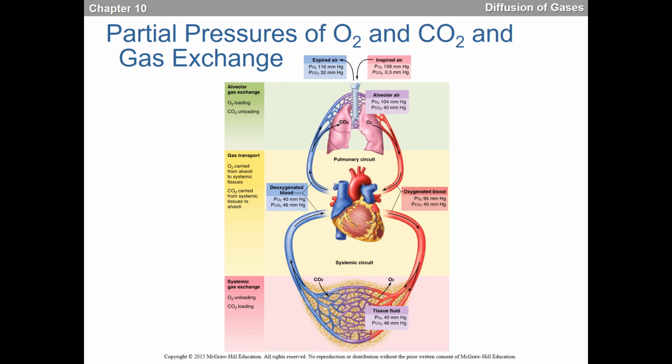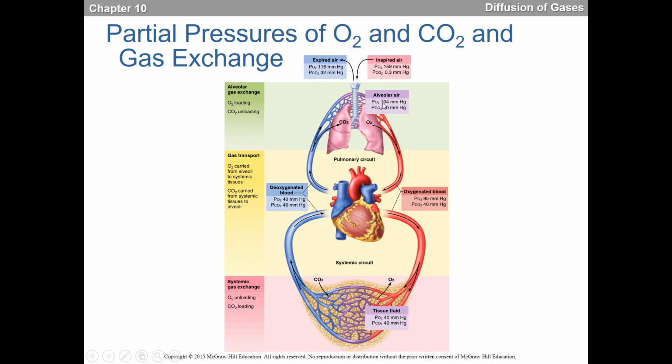So if we're looking at this in this way, let's pay attention to the two main gases that we're interested in, and that being oxygen and CO2. Oxygen is 159 millimeters of mercury, CO2 very low. In alveolar air, it's already dropping down.